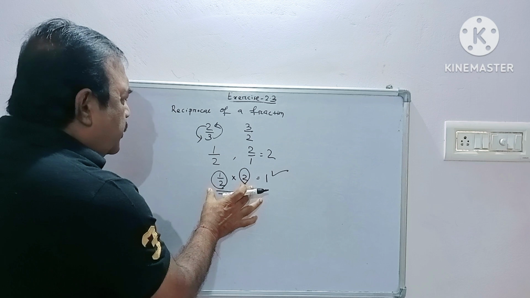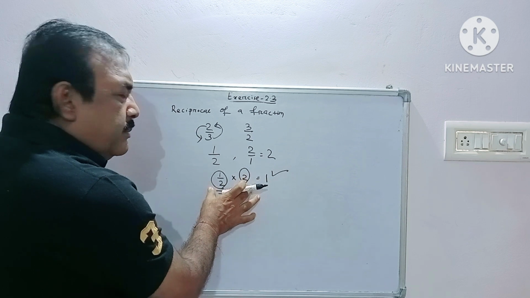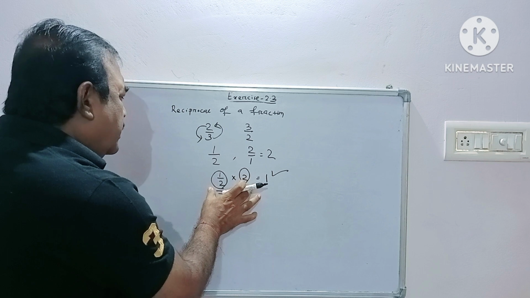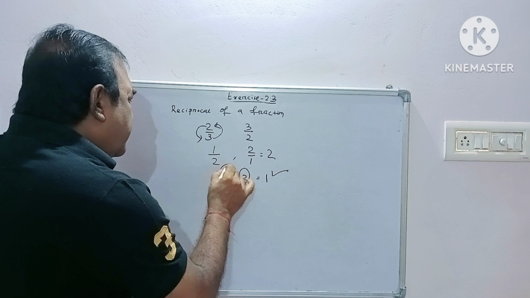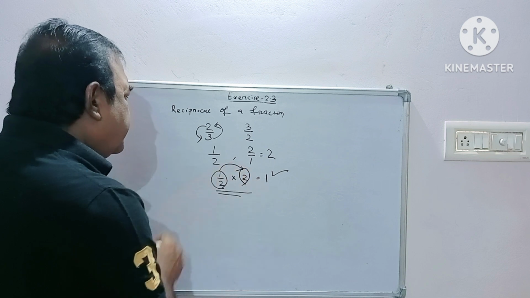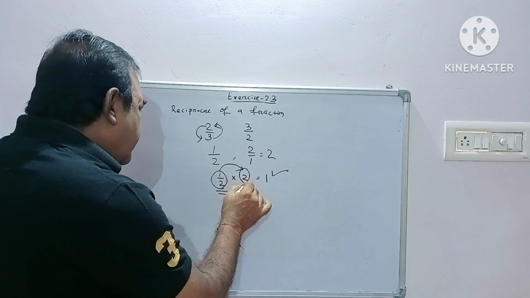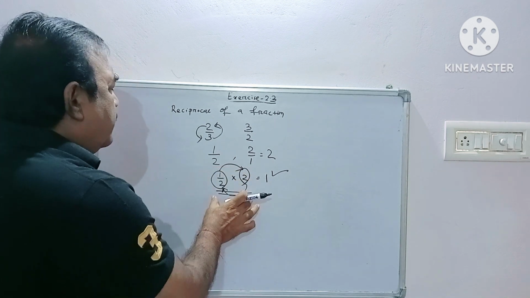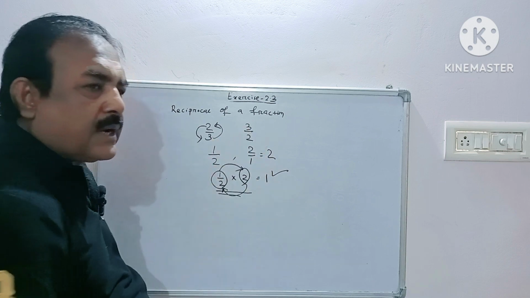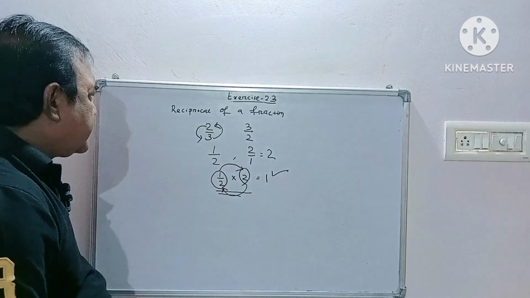So when the product of two numbers is 1, the numbers which are multiplied are both reciprocal to each other. That means 1 upon 2 is the reciprocal of 2, or 2 is the reciprocal of 1 by 2. And you multiply, always you will get the product as 1. So this is the reciprocal of a fraction.